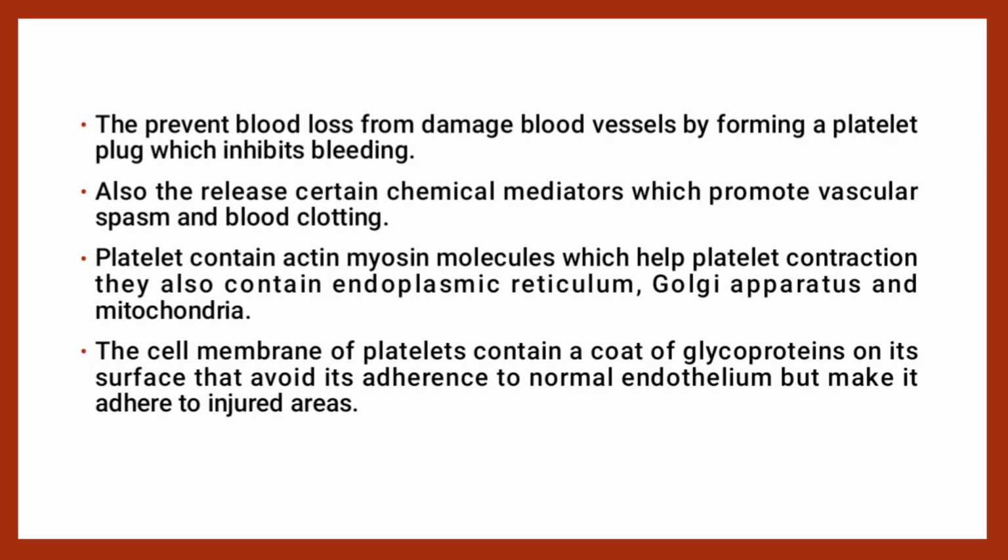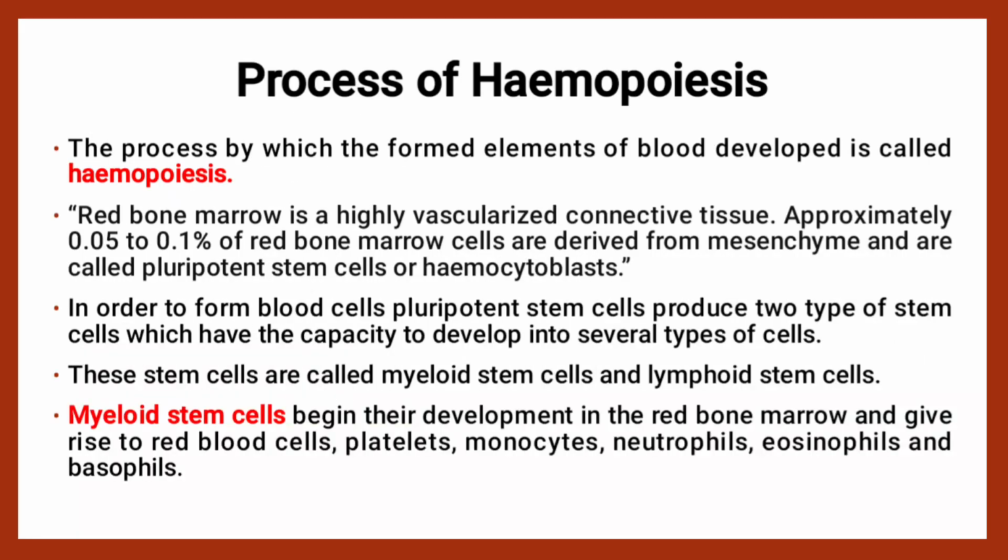They also contain endoplasmic reticulum, Golgi apparatus and mitochondria. The cell membrane of platelets contains a coat of glycoprotein on its surface that avoids adherence to normal endothelium but makes it adhere to injured areas.